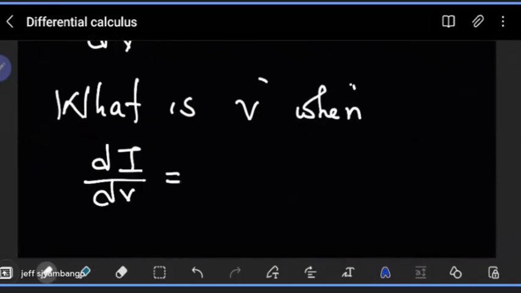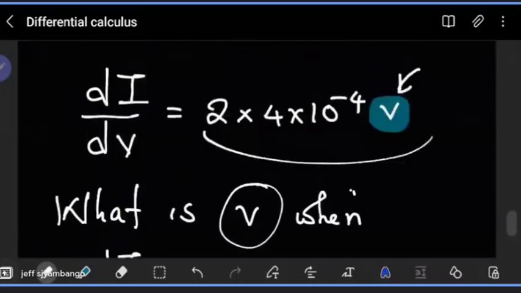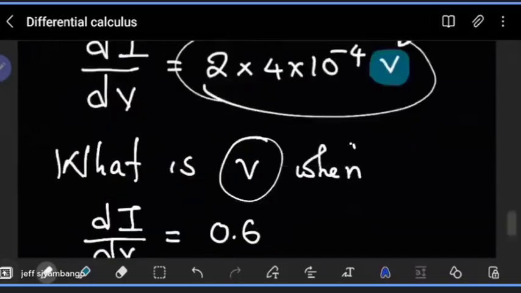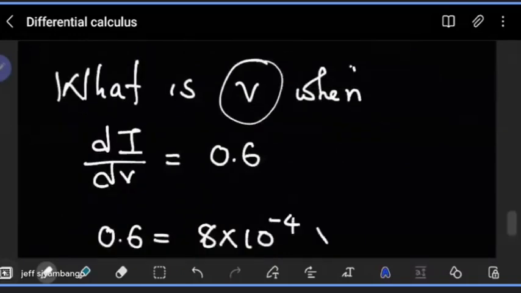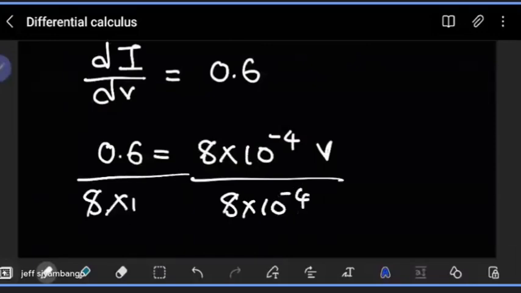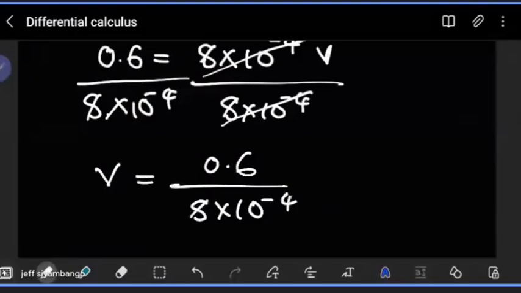Our expression reduces to 0.6 equals 2 times 4, which is 8, times 10 to the negative 4 times V. So we divide both sides by 8 times 10 to the minus 4, and on this side it goes away, so the voltage will be equal to 0.6 over 8 times 10 to the minus 4 volts.